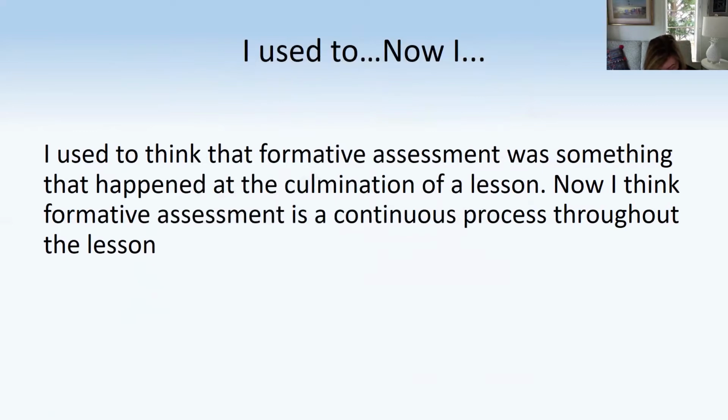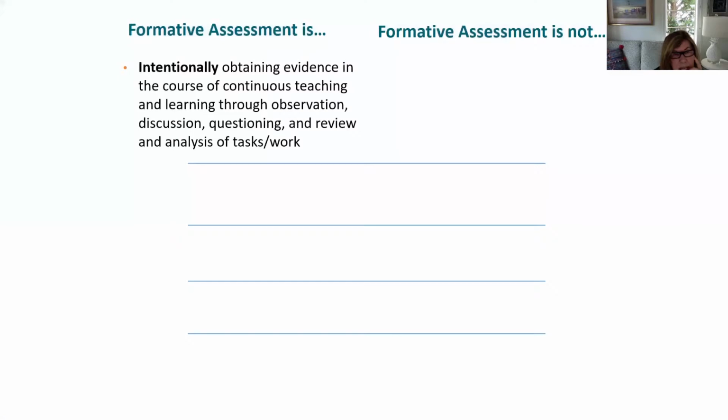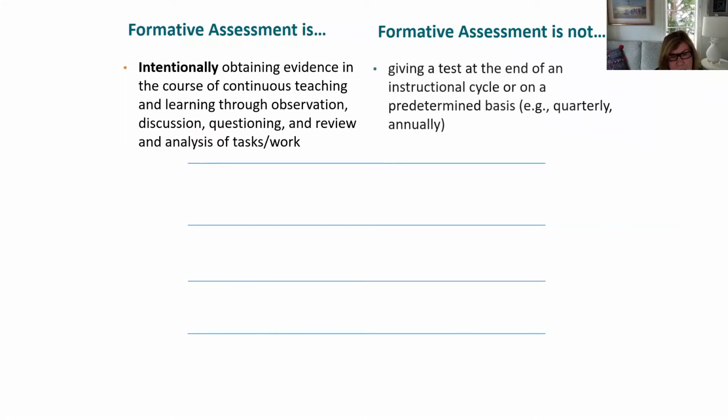So let's just summarize now what formative assessment is and what it is not. So first of all, formative assessment is intentionally, and you'll see I've bolded that, intentionally, because it's planned, intentionally obtaining evidence in the course of continuous teaching and learning through observation, discussion, questioning, and review and analysis of tasks and work. So formative assessment is not a test event.